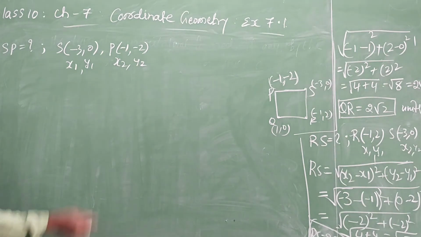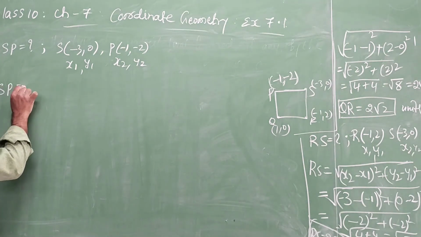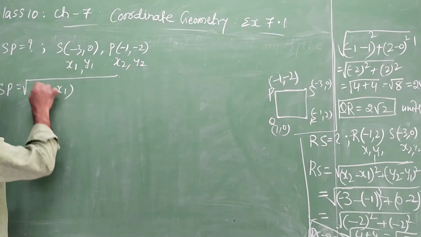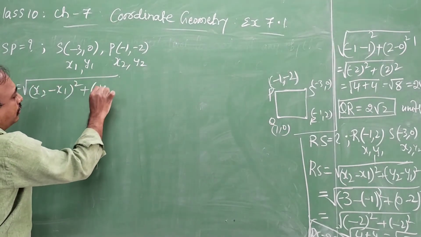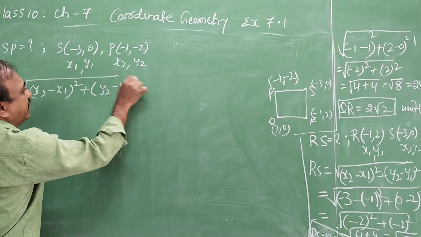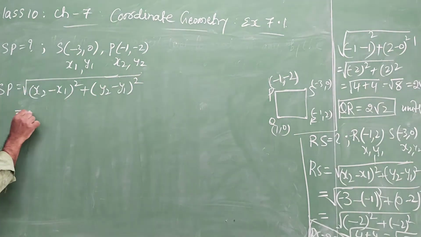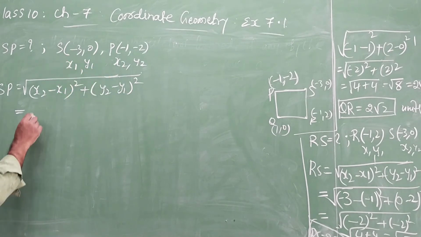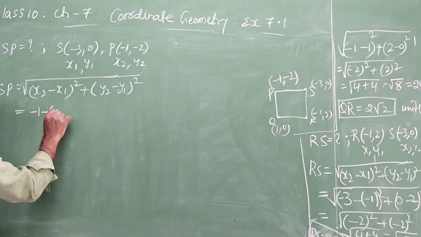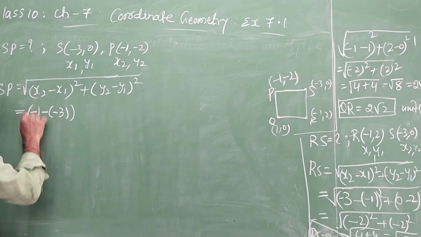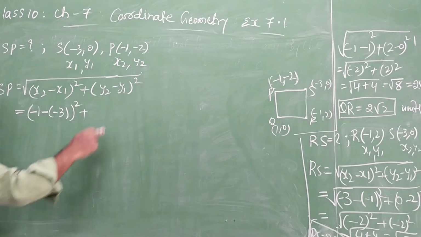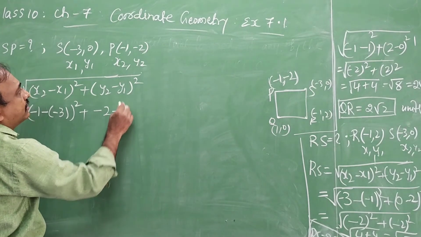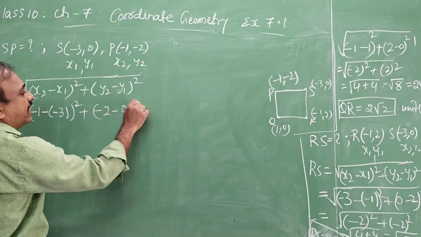So distance SP is equal to root of (x2 minus x1) whole square plus (y2 minus y1) whole square, which is equal to (x2 minus x1) minus 1 minus of minus 3, whole square, plus (y2 minus y1) minus 2 minus 0, whole square.